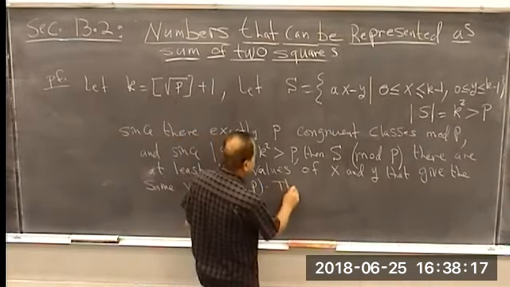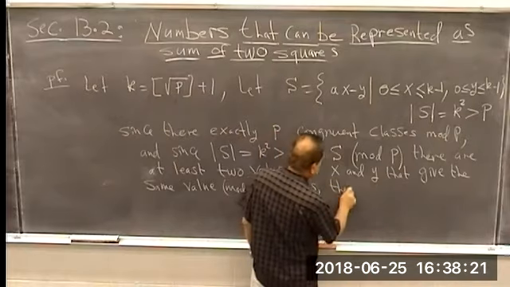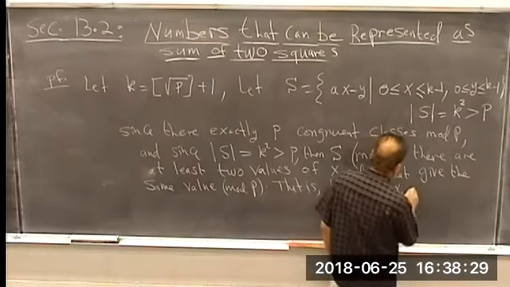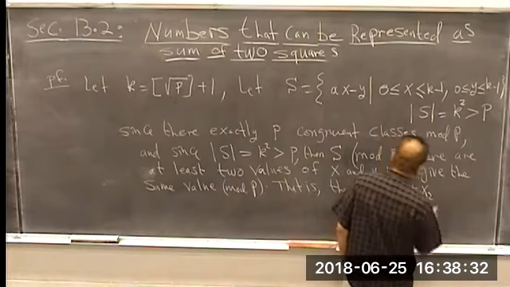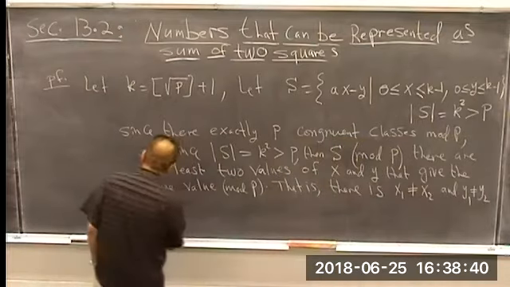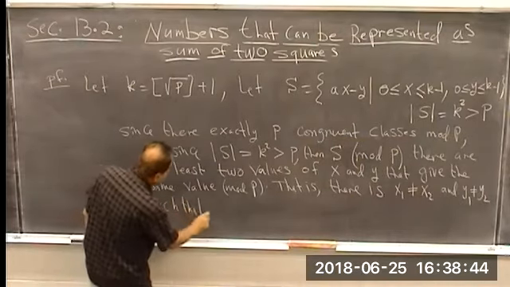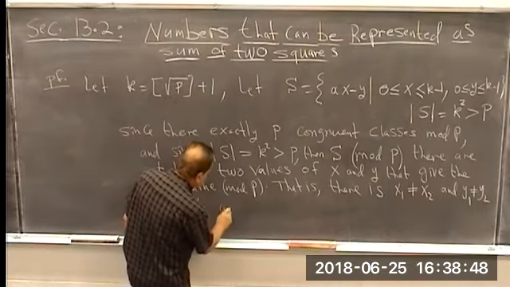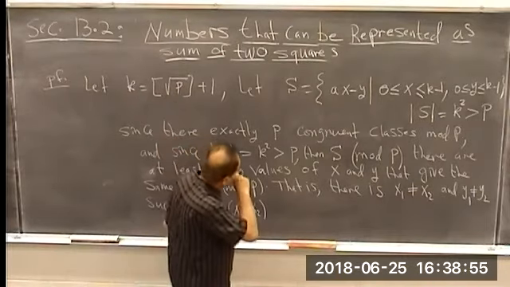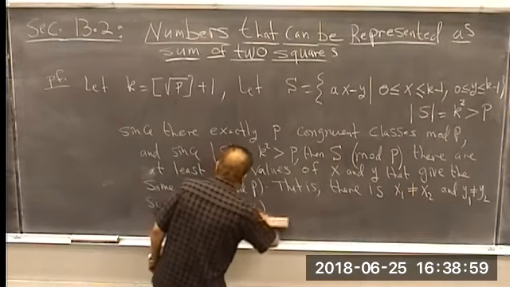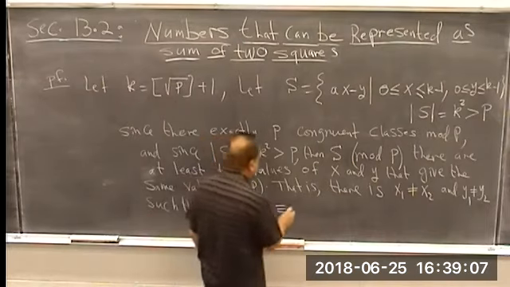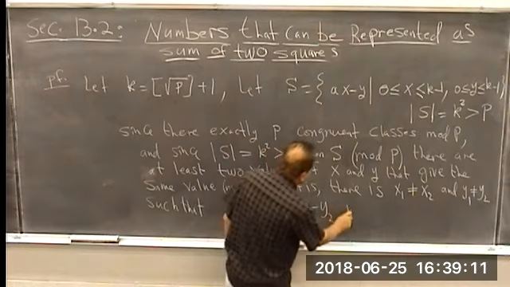There is x1 which is not equal to x2 and y1 does not equal y2 such that ax1 minus y1 is congruent to ax2 minus y2 mod p.